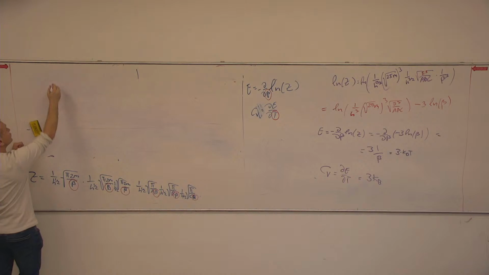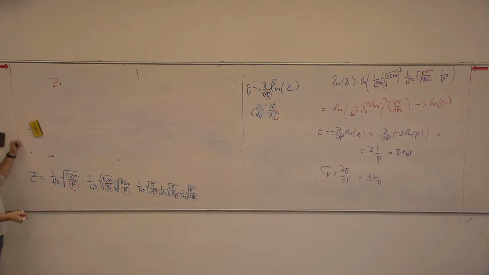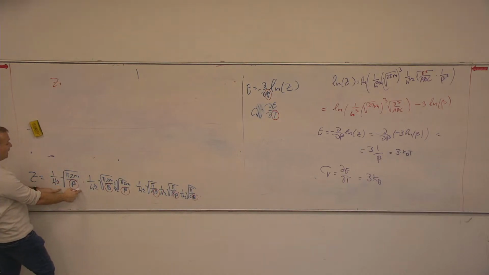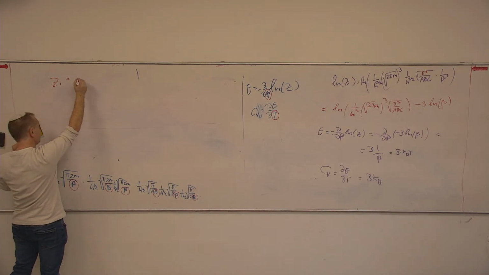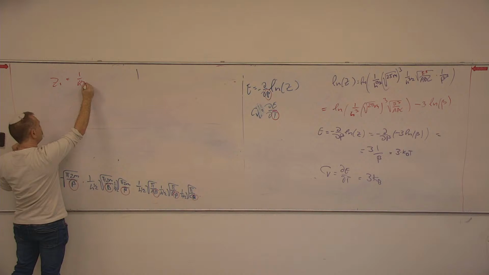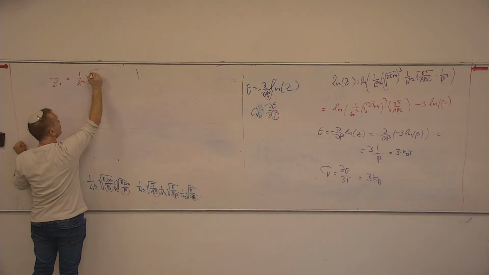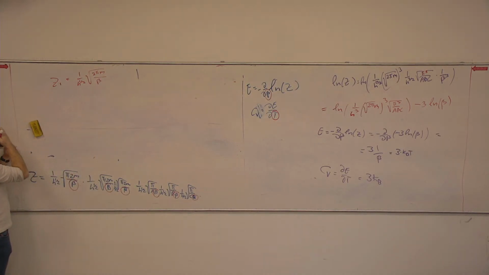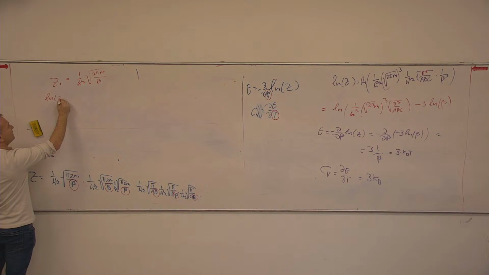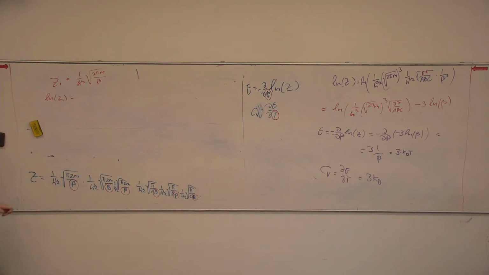So we have, for example, Z1, and it's a multiplication. Z1, it is, well, whatever. Let's call it 1 over h to the 1/2, square root of 2 pi m divided by beta. Now, log of Z1 is going to give you what?